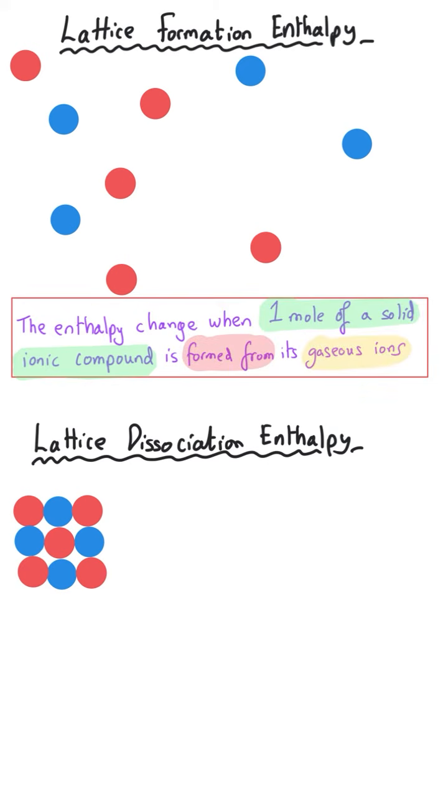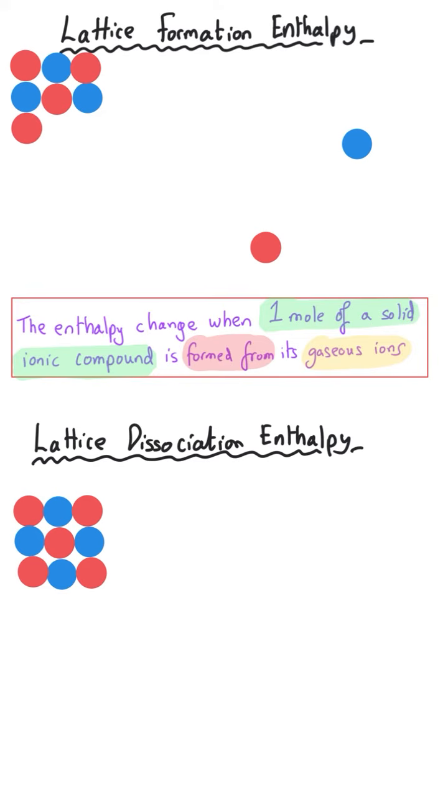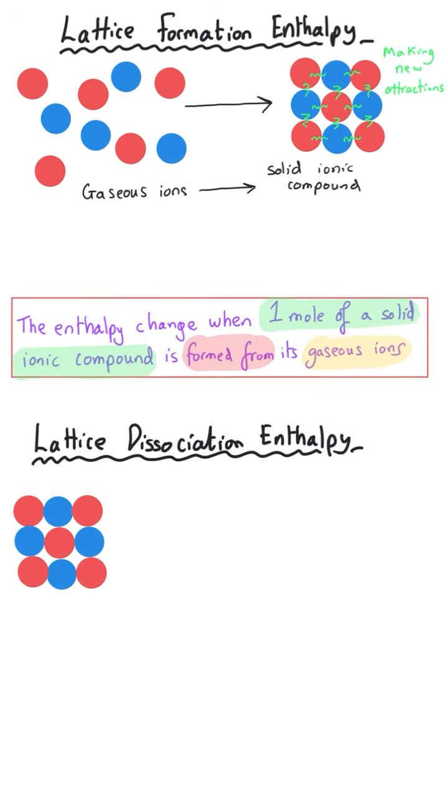And if we assume that these red and blue circles are the positive and negative ions, you can see that if we turn these into a solid, what we're doing is we're bringing them back into the more regular lattice arrangement that we had on the previous slide. And you can see that they were randomly organized and now they are in that lattice structure. And so that is the lattice formation enthalpy.